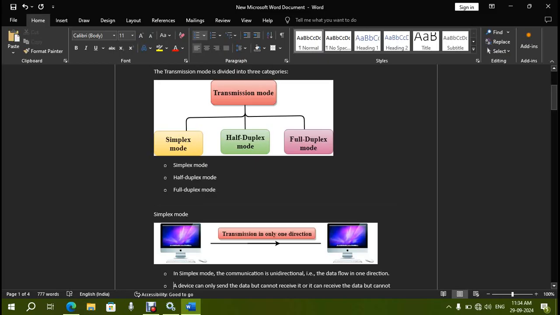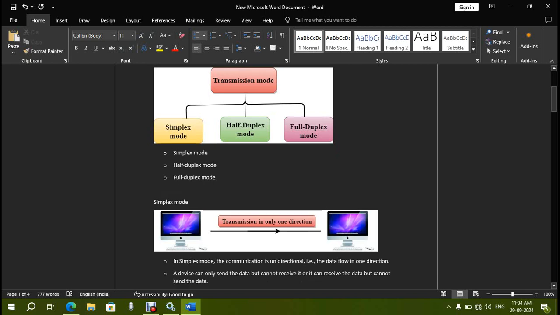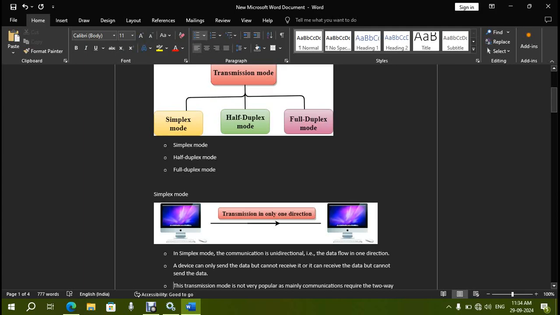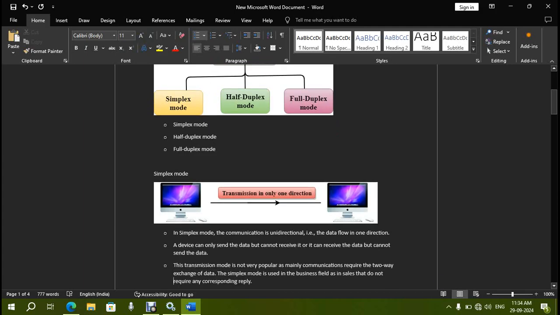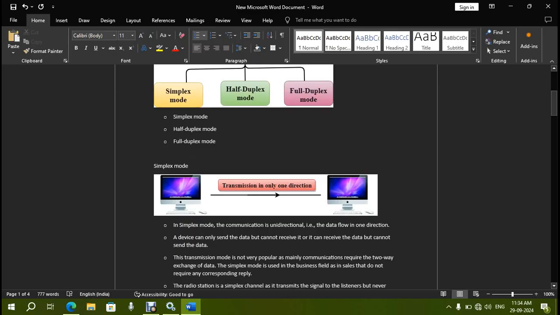In simplex mode, the communication is unidirectional, that is, data flows in one direction. A device can only send data but cannot receive it, or can only receive data but cannot send. This transmission mode is not very popular, as communication mainly requires two-way exchange of information.